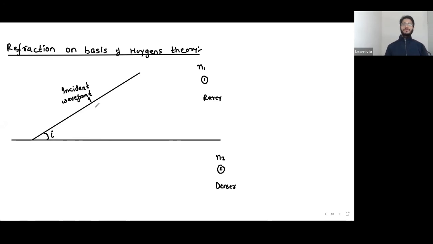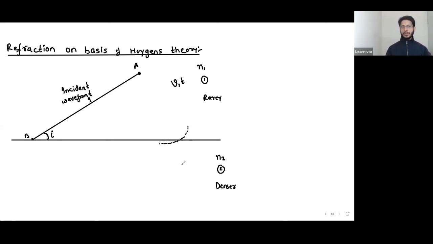For the refracted wavefront, it should be in the second medium, because then only your light will refract. So for the refracted wavefront, again the same method. Take 2 points on the incident wavefront, call one as A, another as B. From point A, take one arc. The radius of the arc is basically V1 into T, because the speed of light in medium 1 is V1.